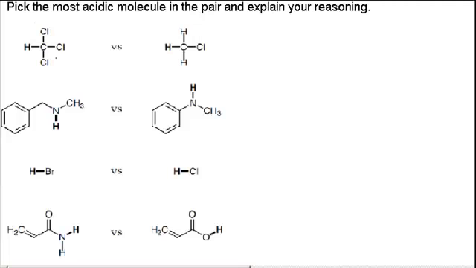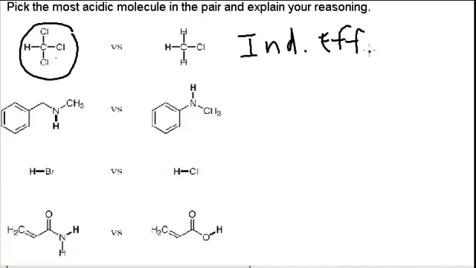So ultimately, the compound on the left is more acidic, because the conjugate base has 3 electron-withdrawing chlorines pulling electrons through those bonds, which is called the inductive effect. So that conjugate base is more stable than the conjugate base of the right-hand molecule. So the reasoning we just used is the inductive effect.